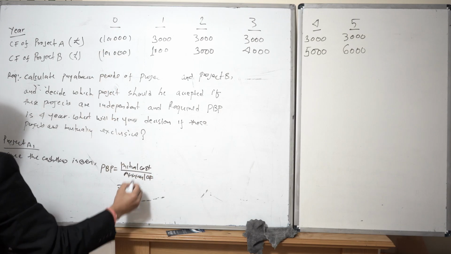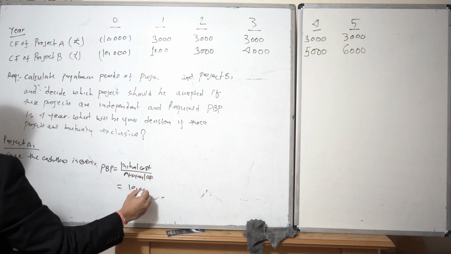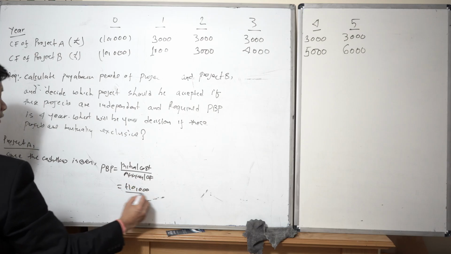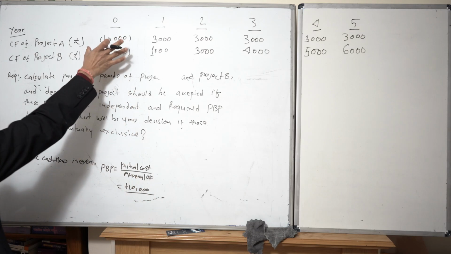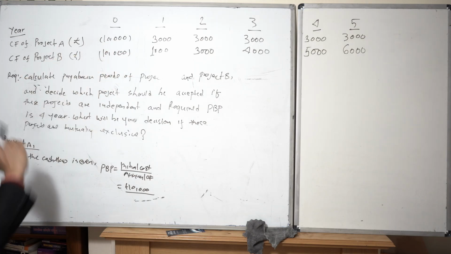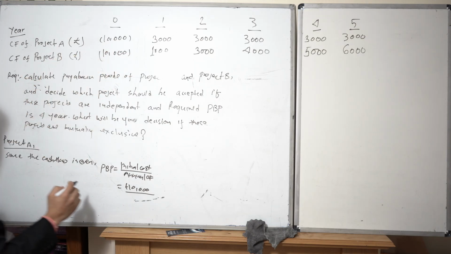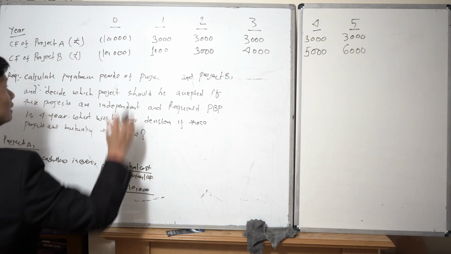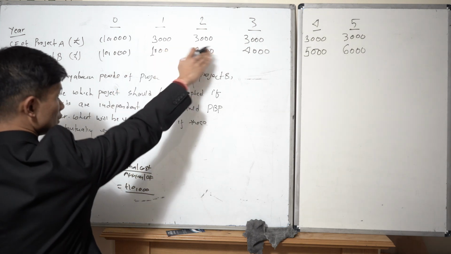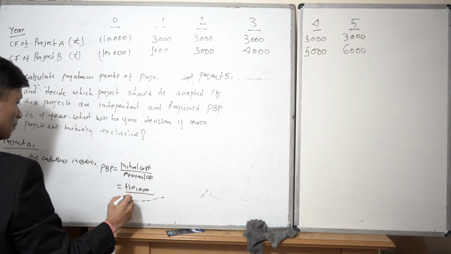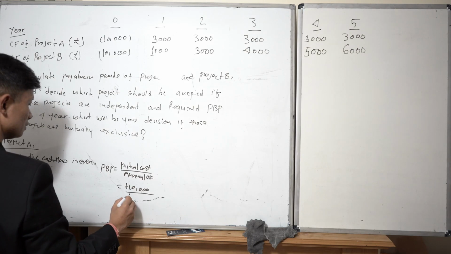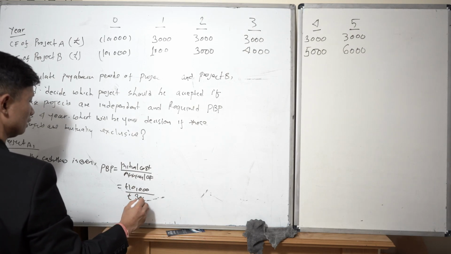It is 10,000 pounds. It is shown in brackets, or as minus, because this is the initial cost for the project. And the annual cash flow is 3,000 at the end of each year.